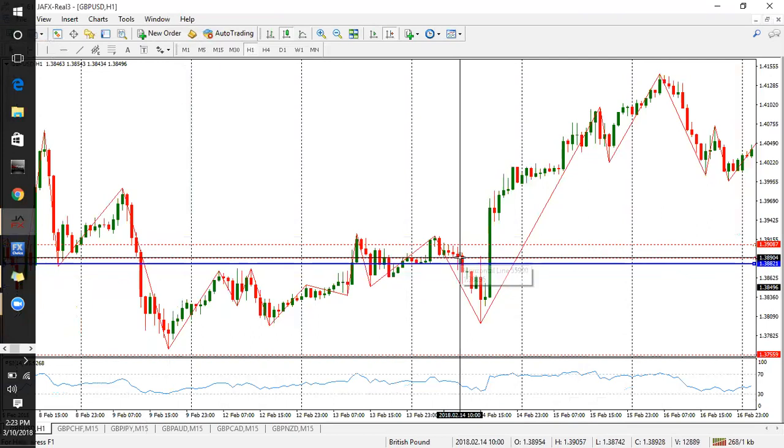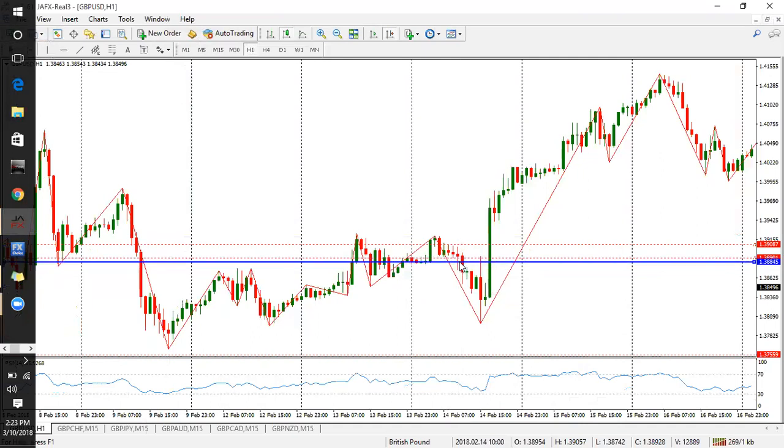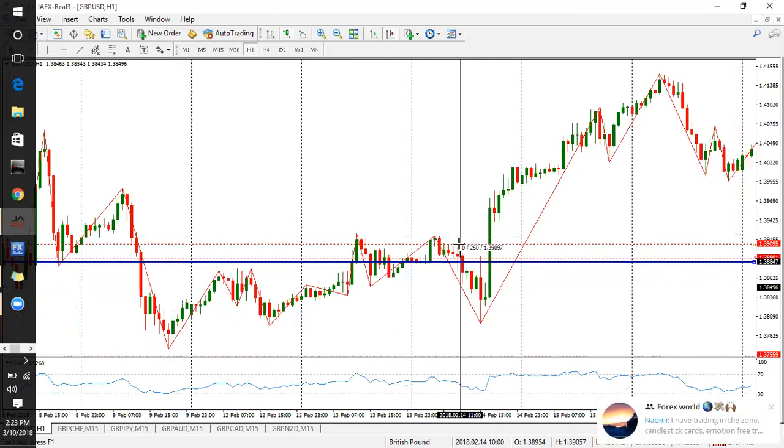Here is the low, so 5 pips. Measuring 5 pips to the high is going to be your risk. So you'll be having a risk of 24 pips. This will be your stop and this will be your entry.